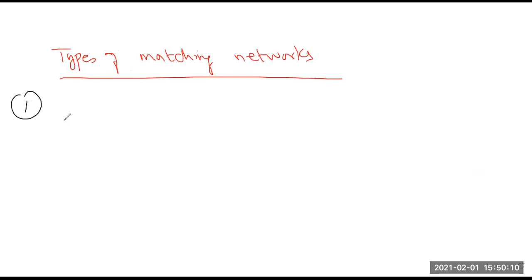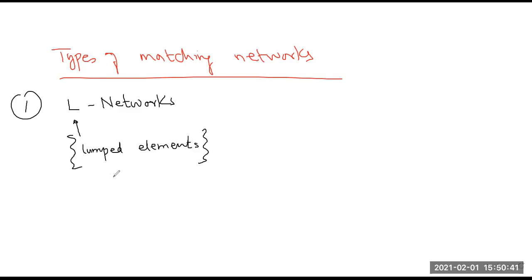The first matching network that we will look into today in more detail is what we call L networks. This L is an abbreviation for lumped element.